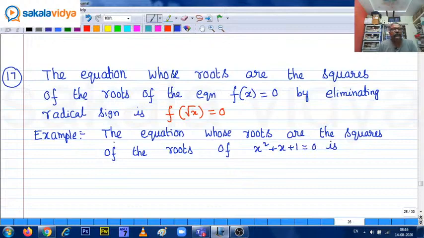So that means now the solution. Let us say f of x equals x square plus x plus 1 equals 0.